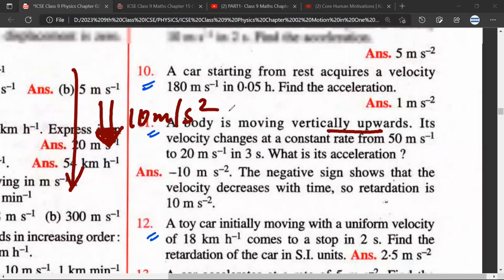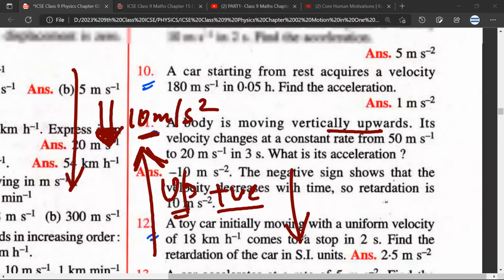Now, because it is moving upwards, and because in this numerical, question number 11, we have assumed that up is positive, that is why when the acceleration came, it is in the negative direction. Is it making sense?